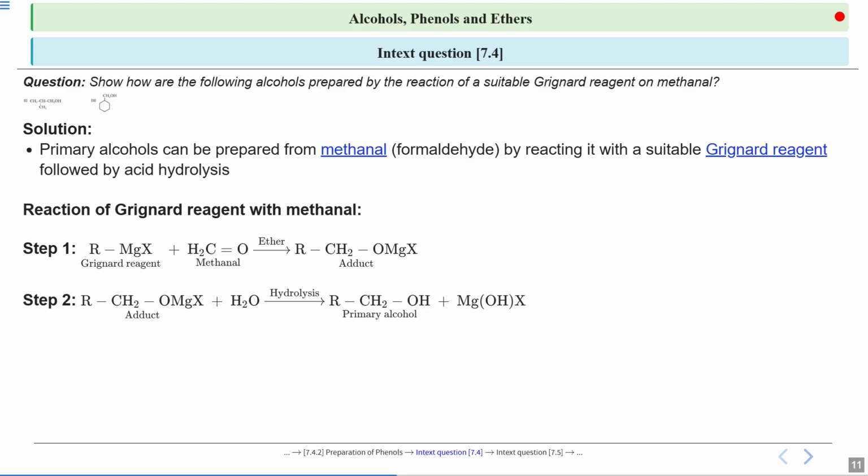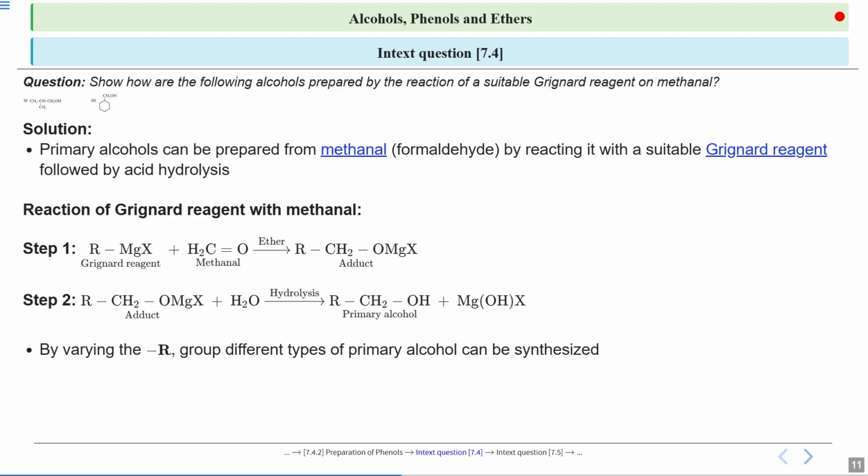So this is how formaldehyde will react with the Grignard reagent to give you a primary alcohol as the major product. By varying the R group of the Grignard reagent, different types of primary alcohol can be synthesized.